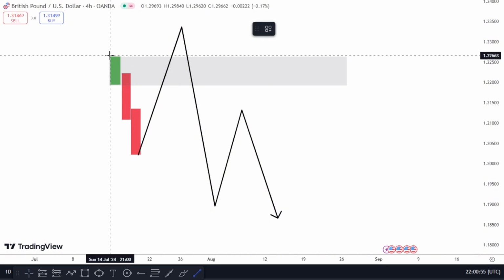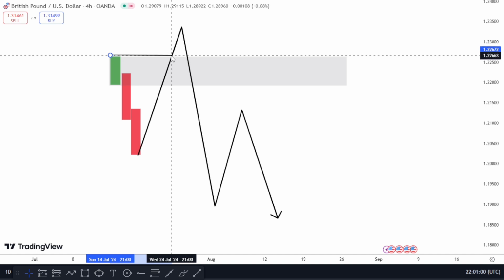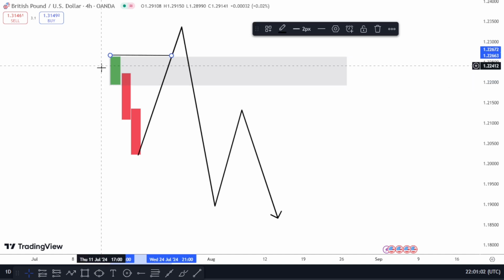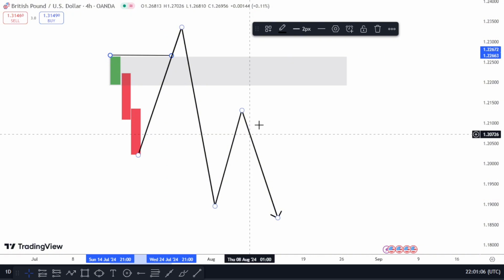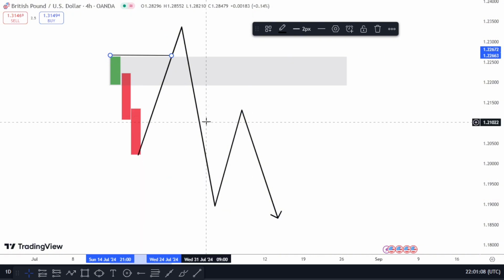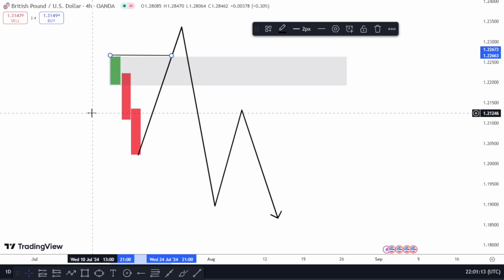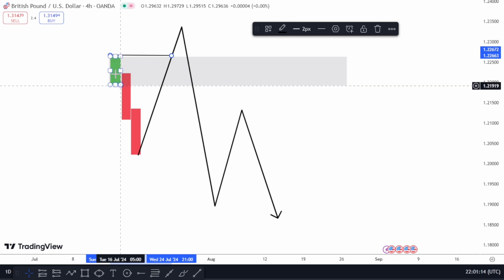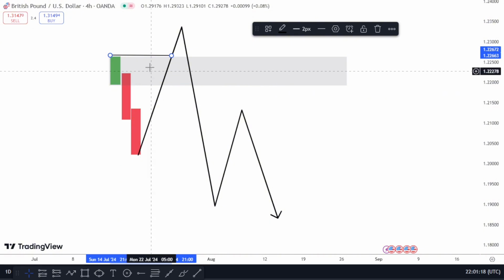So this order block is now a failed order block, but it's still valid because we are using it to mark out our POI, where the market is likely expected to react from.